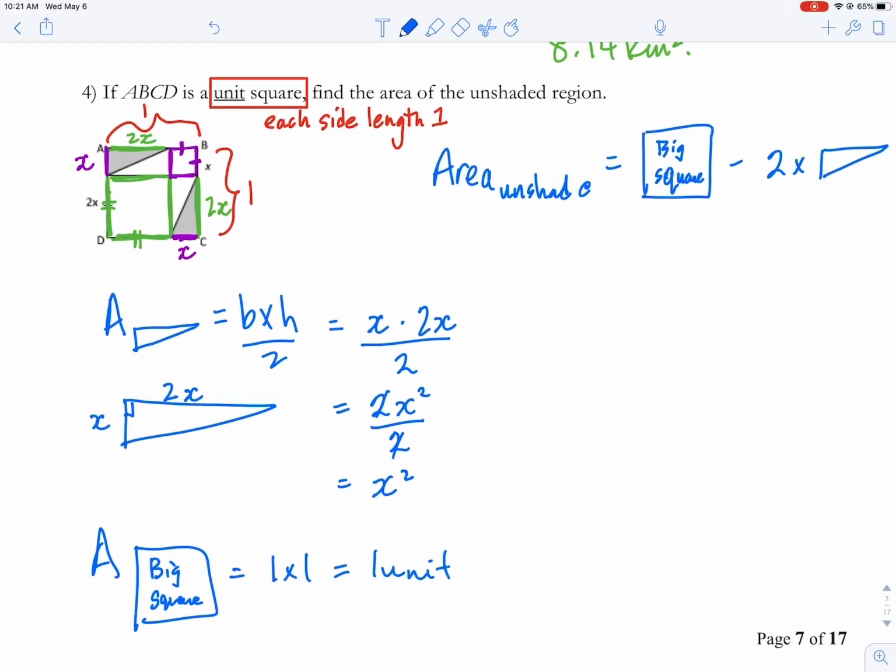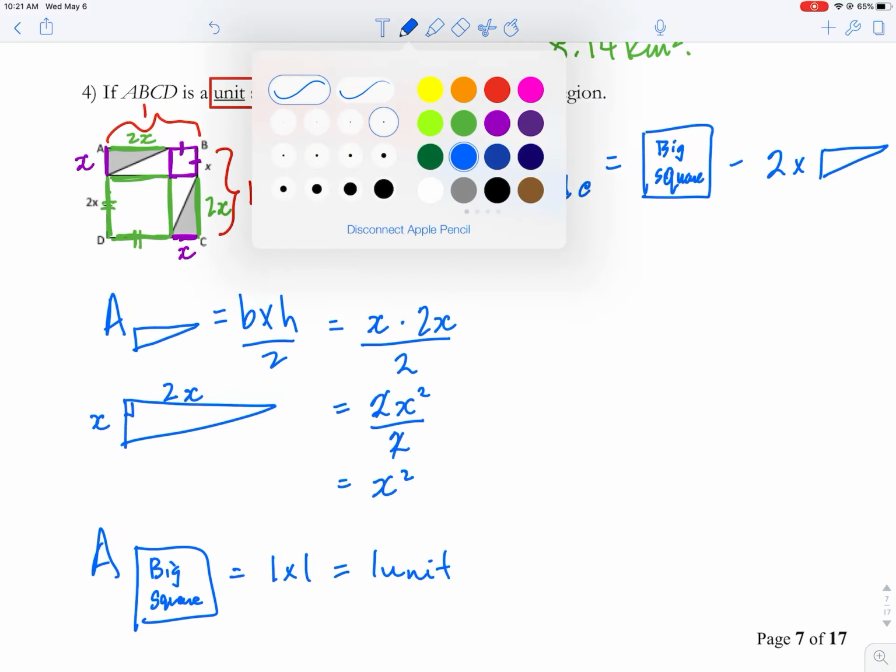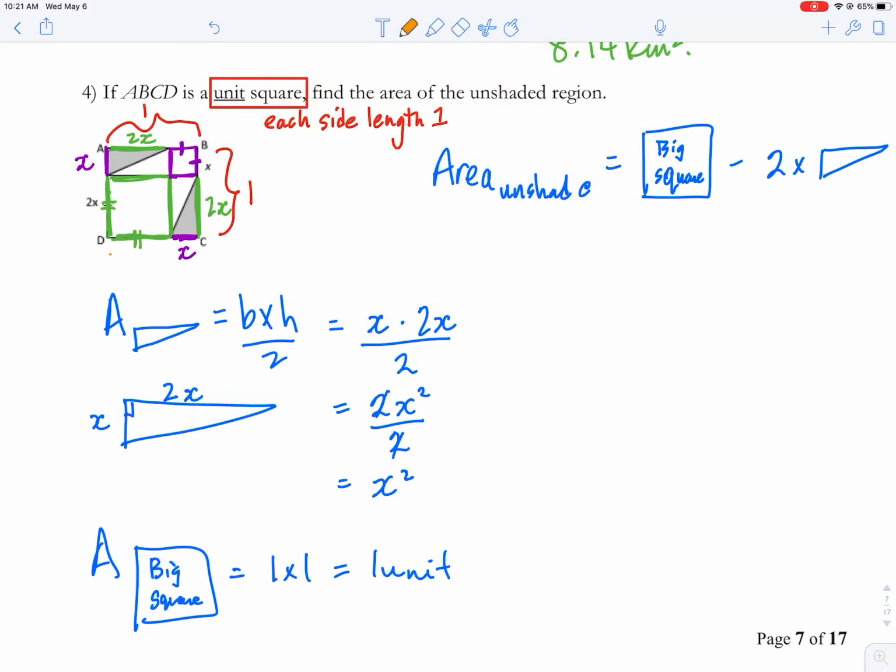But we also now have enough information. We know that the height and the width of this square is actually 3x. And we can do that because x plus 2x gives me 3x, and x plus 2x here would give me 3x. So overall, I could also write that it's 3x times 3x, which is 9x squared.